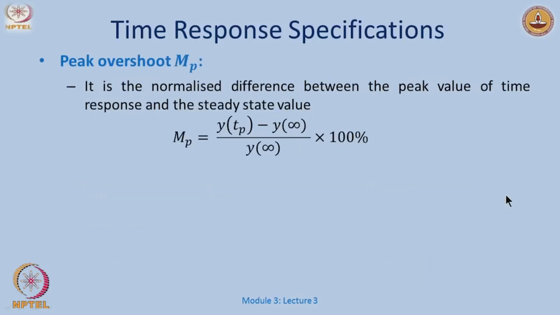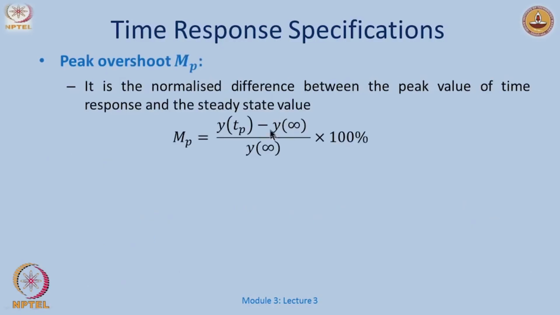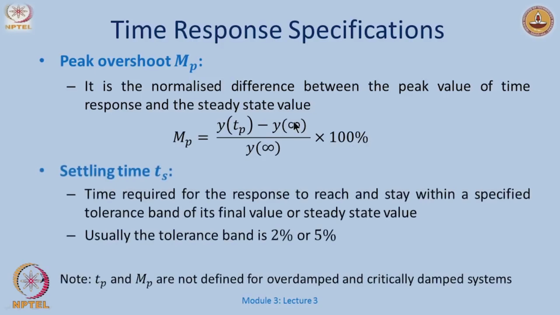This is called the peak overshoot, and it is computed as a percentage. It is how much I deviate from the steady state value at the first instance. So, y at TP, which is what I overshoot here, is the value of y at TP minus the steady state value, and then you calculate that in percentage of deviation from the steady state value.